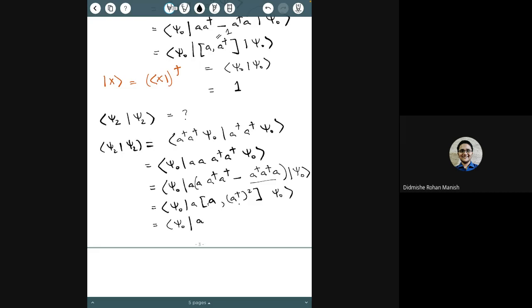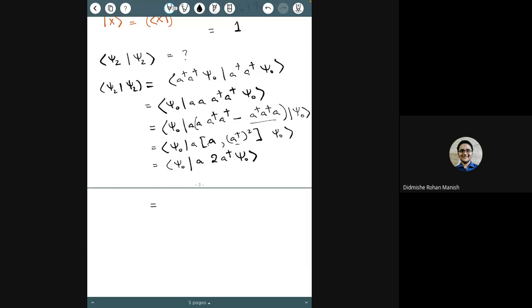And if you remember what the commutator of A with A dagger to the power K was, it was K A dagger. So this commutator has the value 2 A dagger, psi 0.